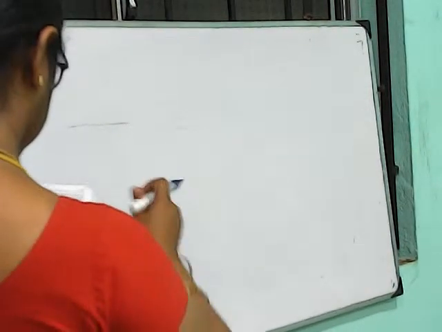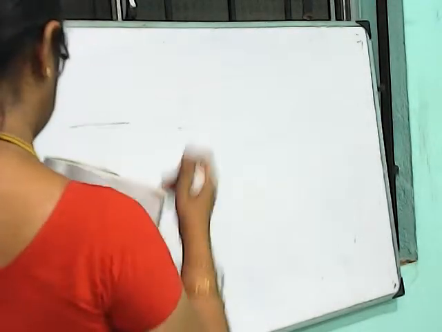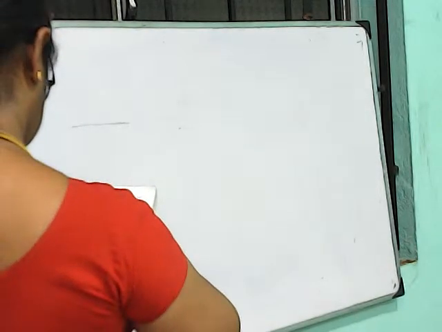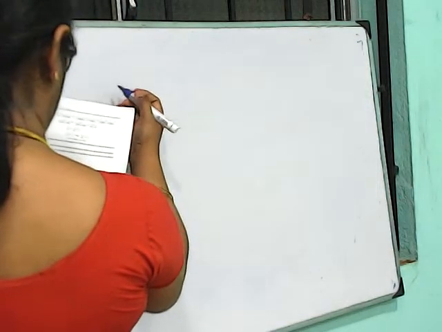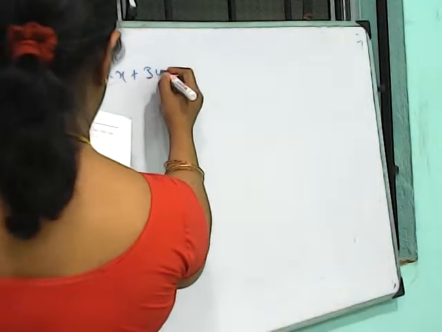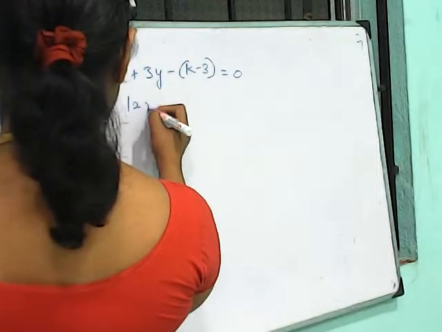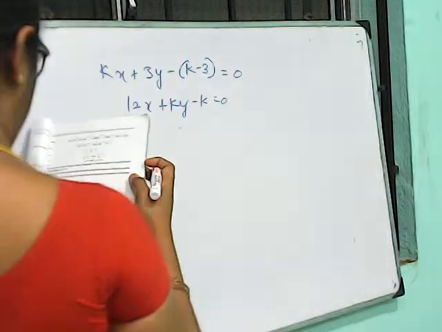Now look at this problem. For what values of k does the following pair of equations, kx plus 3y minus k minus 3 is equal to 0 and 12x plus ky minus k is equal to 0, have infinitely many solutions?